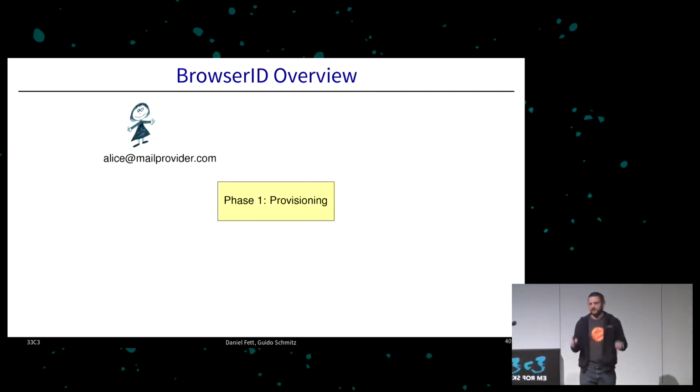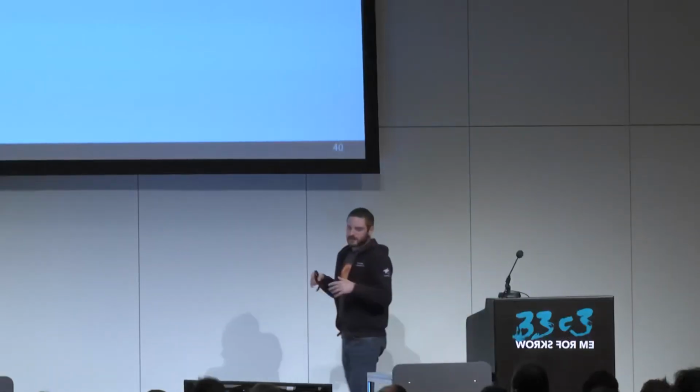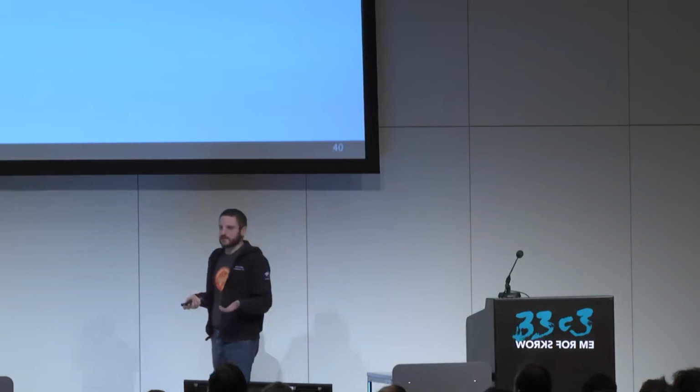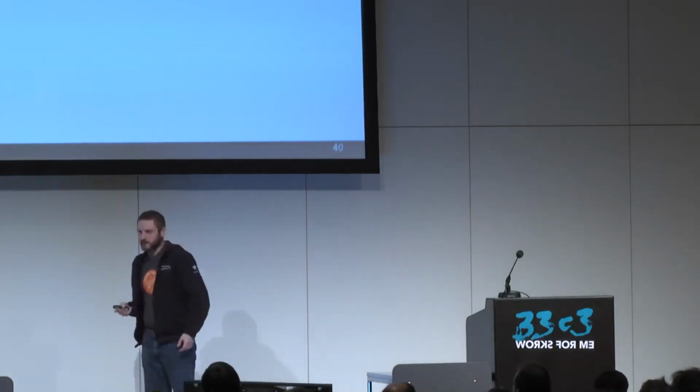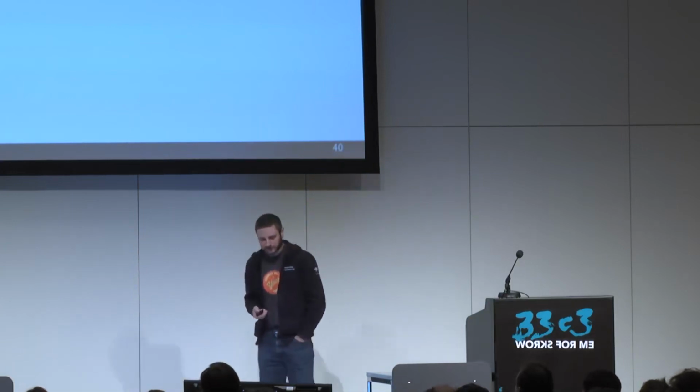So let's have a look at this on a very high level first. As Guido already said, in BrowserID, the mail provider is the identity provider. So we have a user, Alice at mailprovider.com, and in the first phase, when using BrowserID, she does the following.